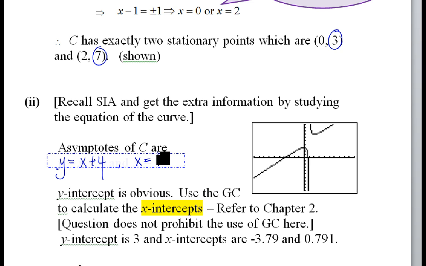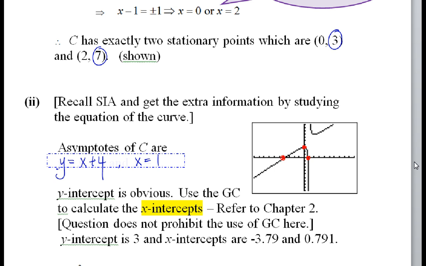Now, you notice that surely there are intercepts here, and there are intercepts here. There are 3 intercepts, 1, 2, 3. Read this line here. The question did not ask for exact values, whether it is intercepts or stationary points.